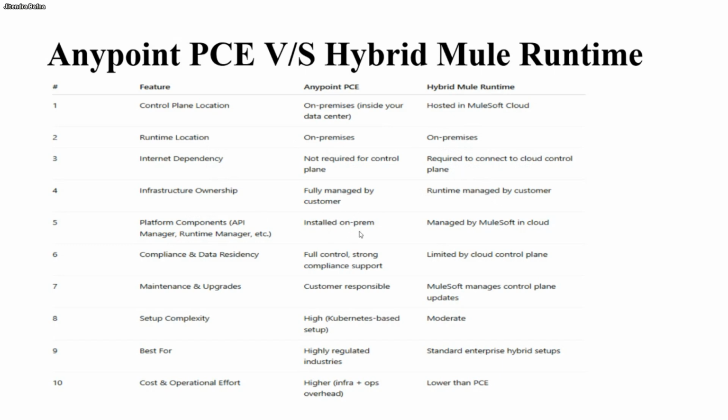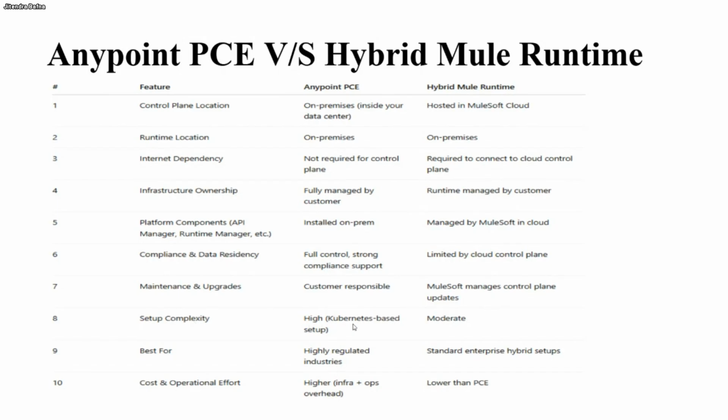For PCE, everything you install on premises, whereas for hybrid, the control plane is managed by MuleSoft in the cloud. You don't have to worry about that infrastructure, you just worry about the infrastructure for the runtime plane. Compliance: full control and strong compliance support, whereas hybrid is limited by the cloud control plane. Maintenance and upgrades: customer responsible, whereas here for the control plane everything is managed by MuleSoft.